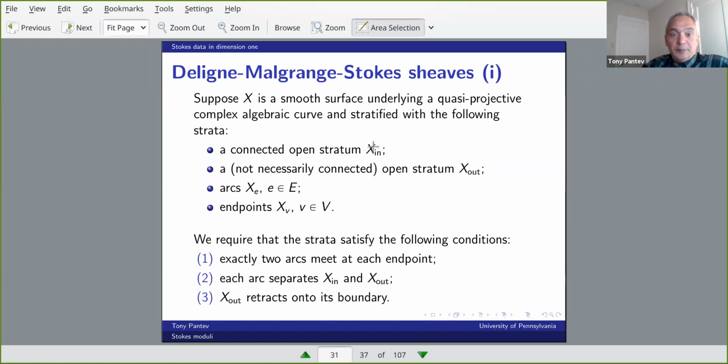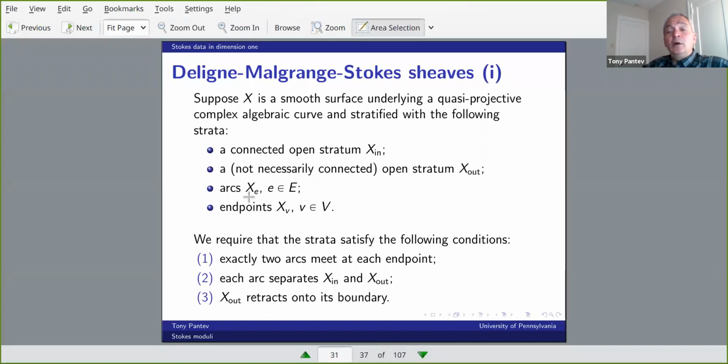So here is the setup. Take a smooth surface X, which underlies a quasi-projective curve. We're going to stratify it by two types of open strata, an inner open stratum and an outer open stratum. The inner open stratum will be connected, the outer open stratum will not be connected.